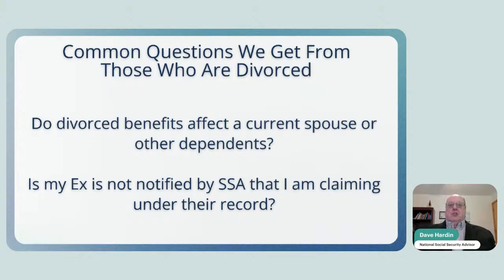But here's what's interesting. This makes it difficult. Just like HIPAA prevents your doctor from sharing your information, even to another doctor, without your written permission, Social Security can't share your information with anybody without your permission, with one exception.